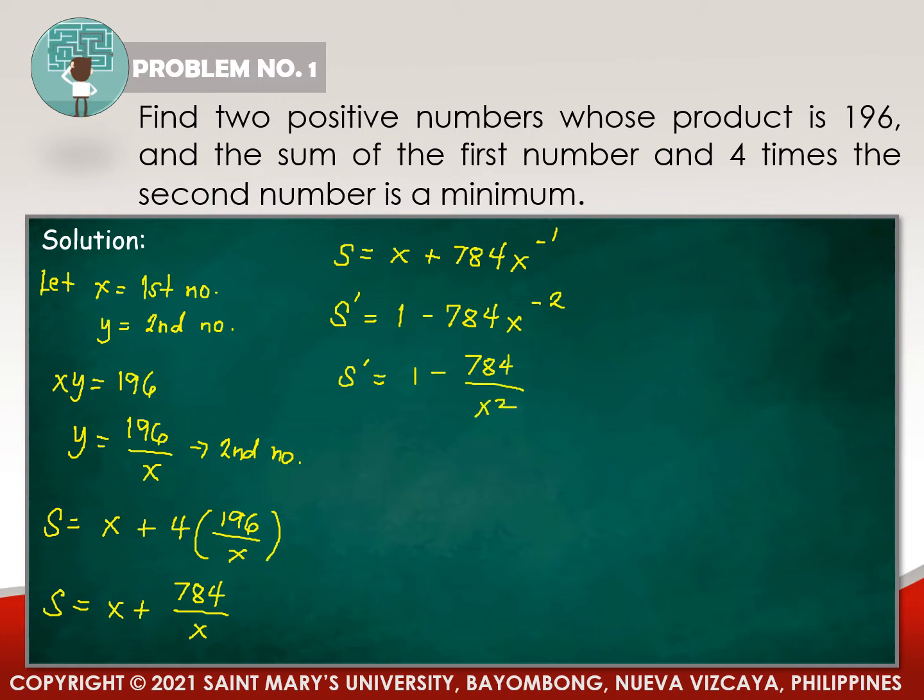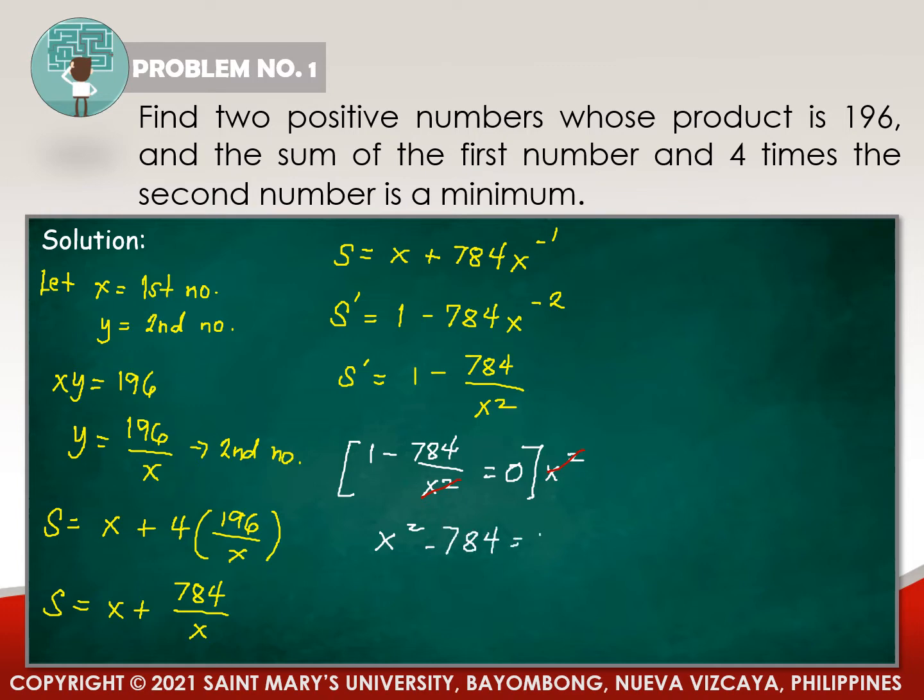So after getting the derivative of the given function, we're going to find a critical number by equating the derivative to 0. Meaning we have 1 minus 784 over x squared equals 0. Then, to solve for x, we will multiply both sides by x squared. So x squared times 1 is x squared. So this will be cancelled. So what is left is minus 784.